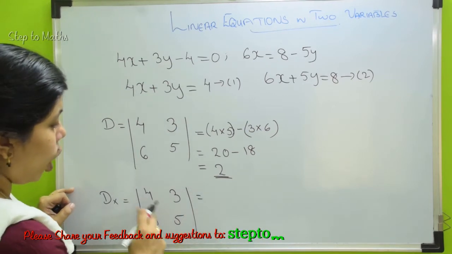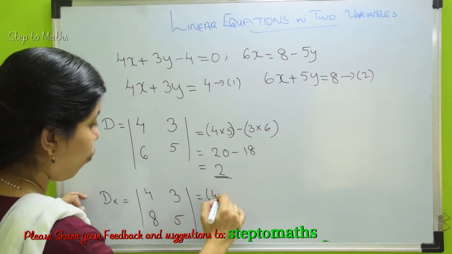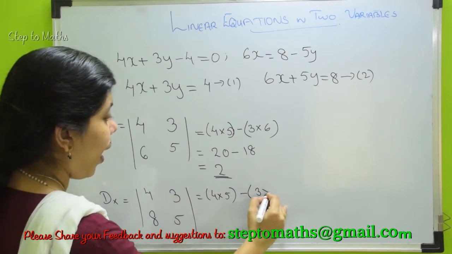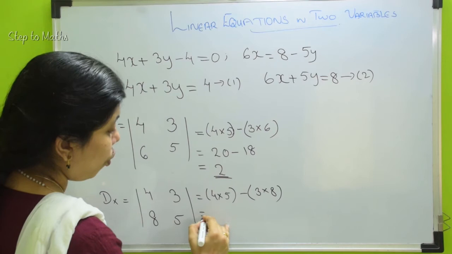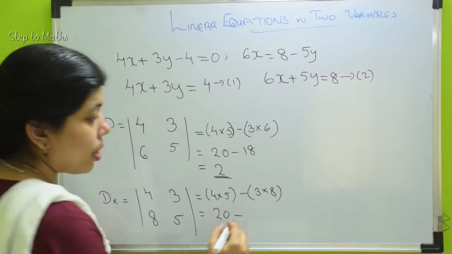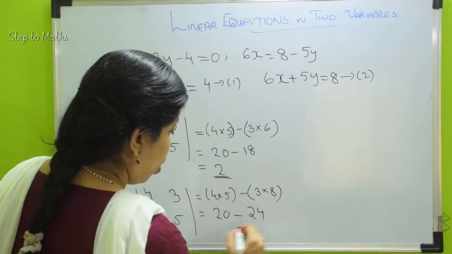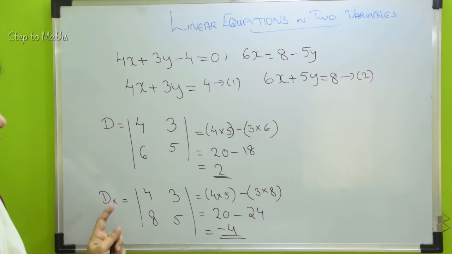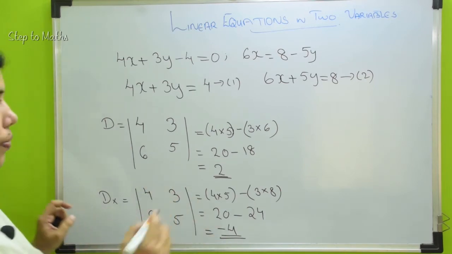Find its value: 4 into 5 minus 3 into 8. 4 into 5 is 20, minus 3 into 8 is 24. 20 minus 24 is minus 4. The value of Dx is equal to minus 4.